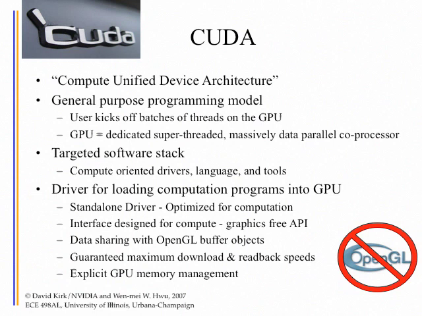And that turned out to be a very useful feature for most of the scientific computing community, where you want to be able to do high performance compute and render. You don't want to waste your time shuttling data back and forth. You have guaranteed maximum download and read-back speeds, because you no longer have to fit into some kind of GPU operation, and there is explicit GPU memory management, and you're going to see those calls.